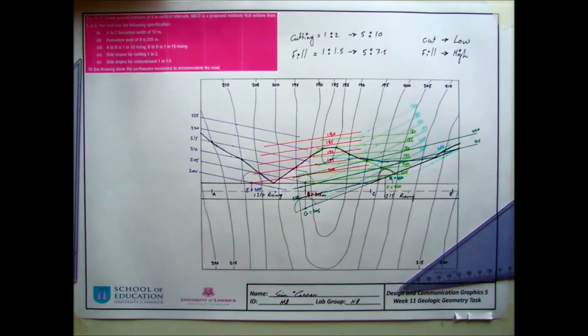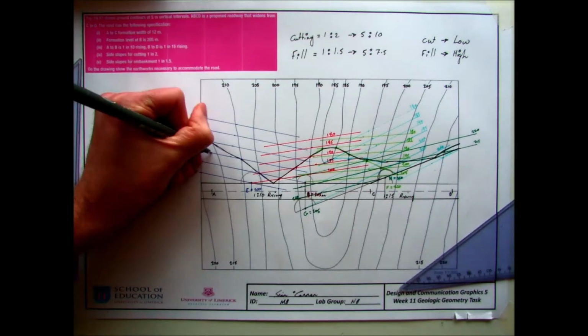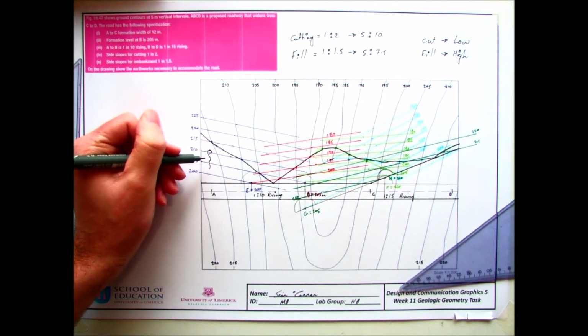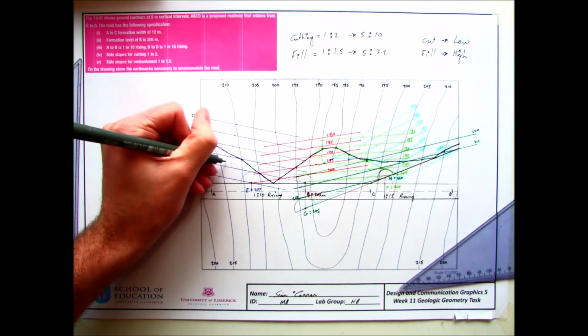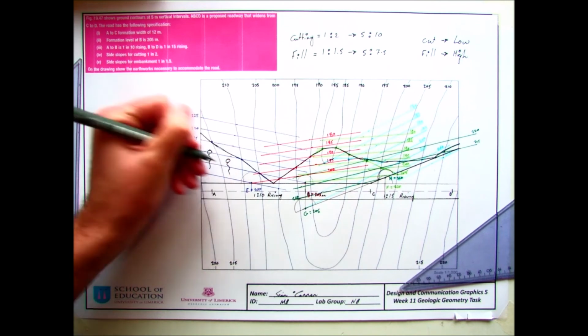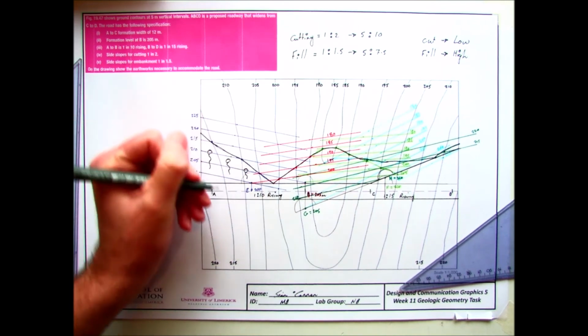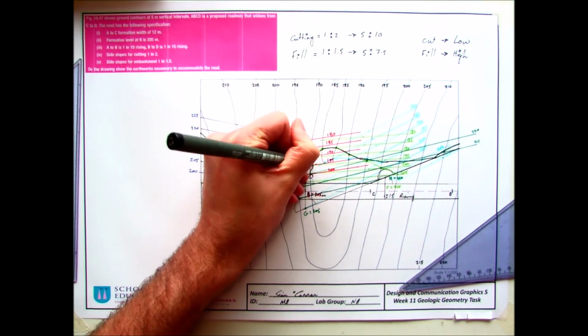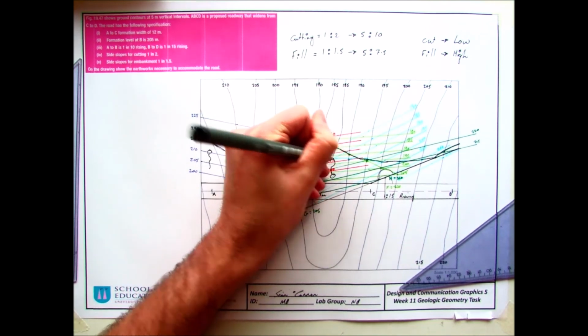Now just to identify what you're doing in each one of these sections, we can put in our tadpoles. So you can see they're always climbing up the hill. Opposite direction here.